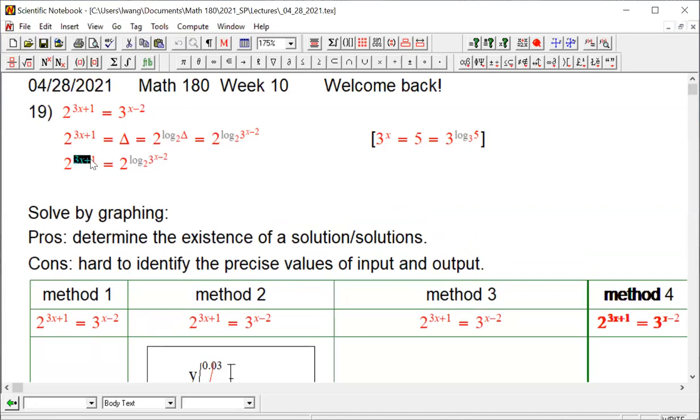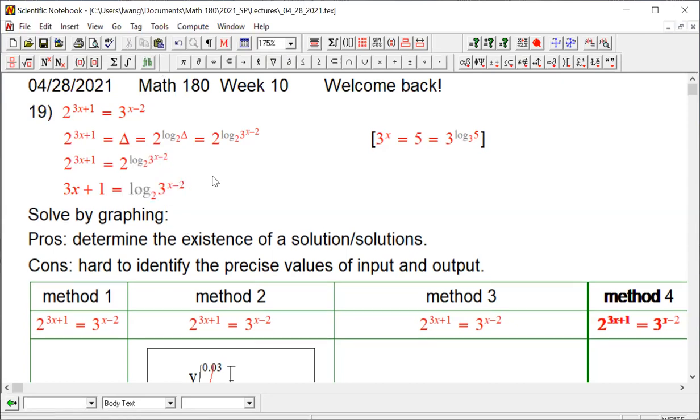Same base 2, therefore 3x plus 1 equals what? Exponent equals exponent. Then you bring the power down and you get log base 2 of 3.